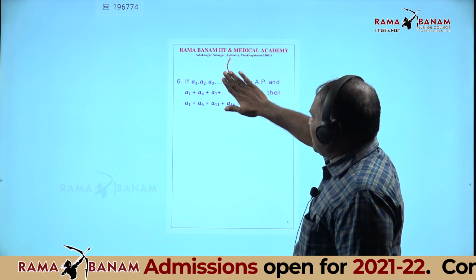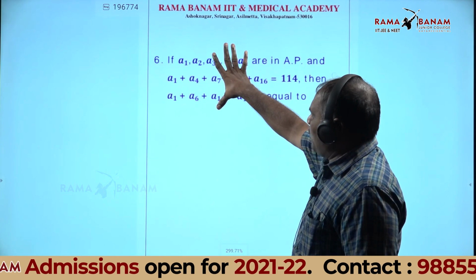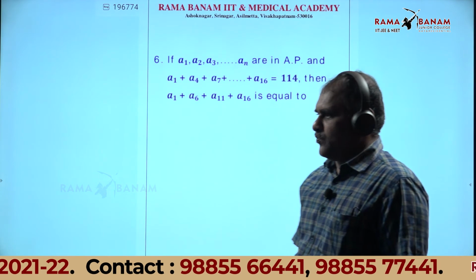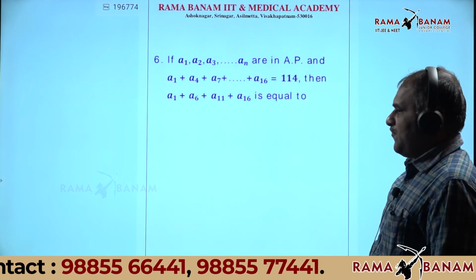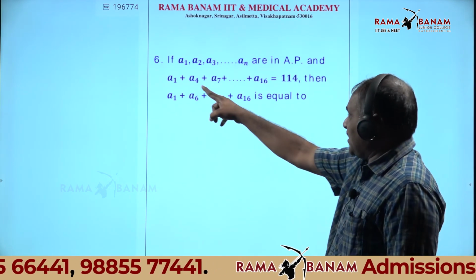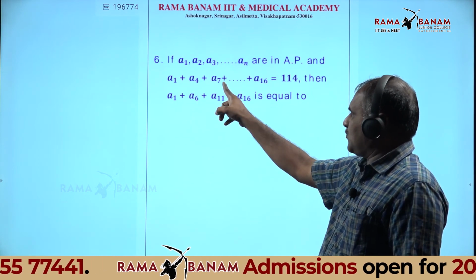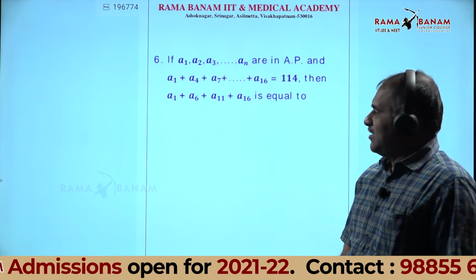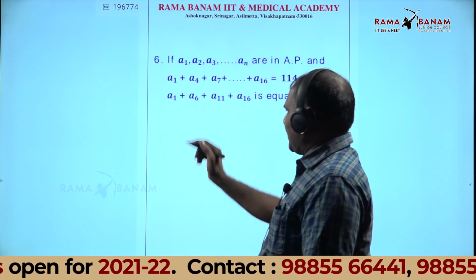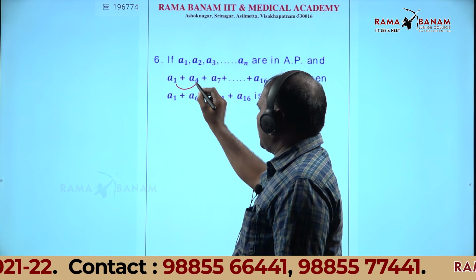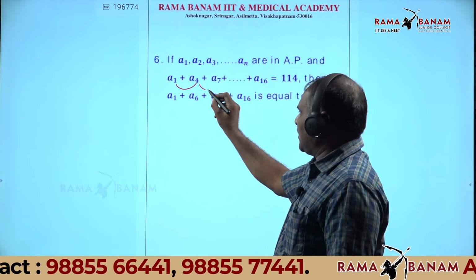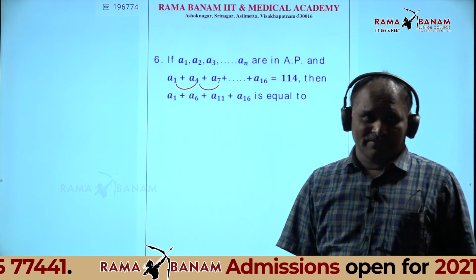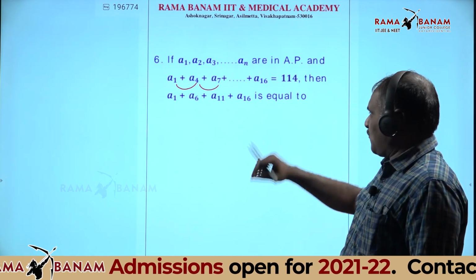Before that I will explain this model. Same model, note down. a1, a2, a3 in arithmetic progression. a1 plus a4 plus a7, with a difference of 3: the 1st, 4th, 7th, 10th, 13th, 16th terms. 1 and 4 differ by 3, 4 and 7 differ by 3. The sum of these terms is equal to 114.